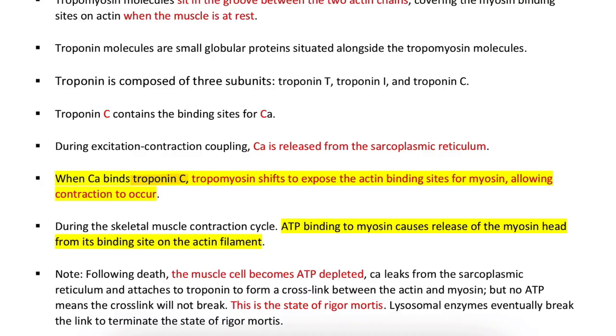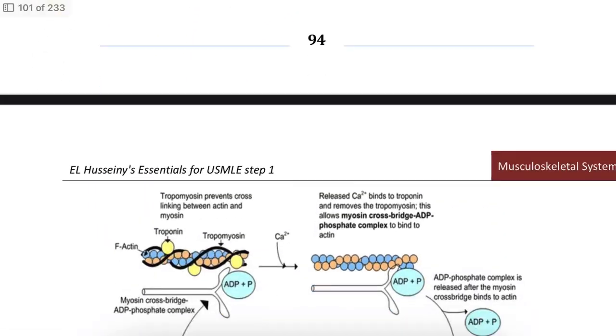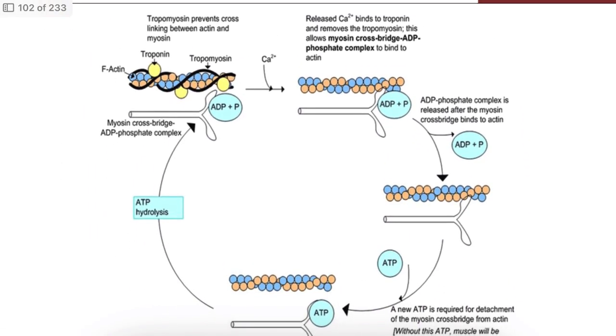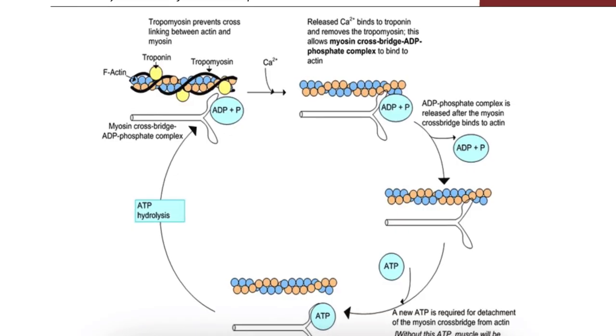In the cross bridge cycle, we have four key steps. You can see in this image, step 1 is cross bridge formation. The myosin head, with ADP plus phosphate attached, binds to the actin site.